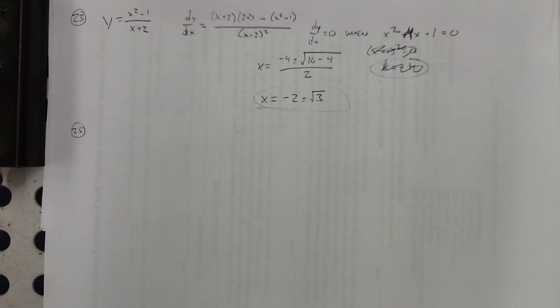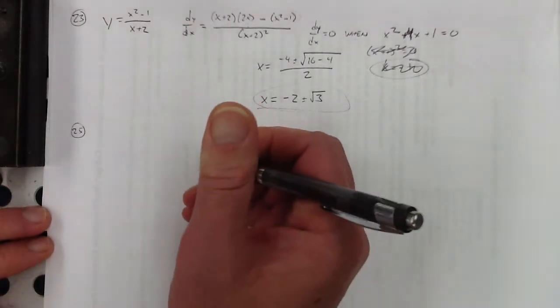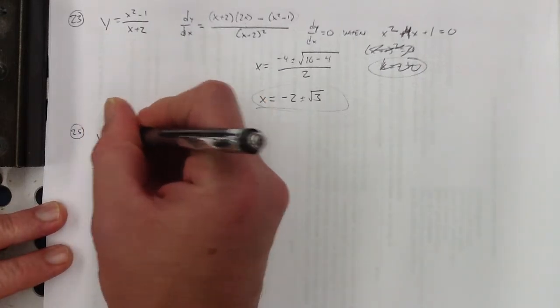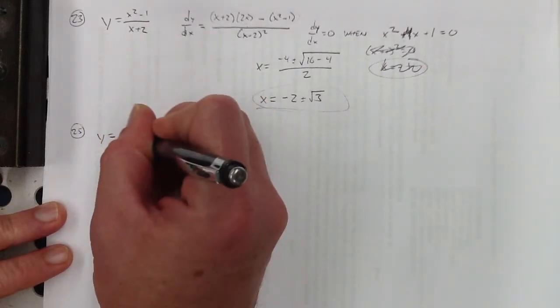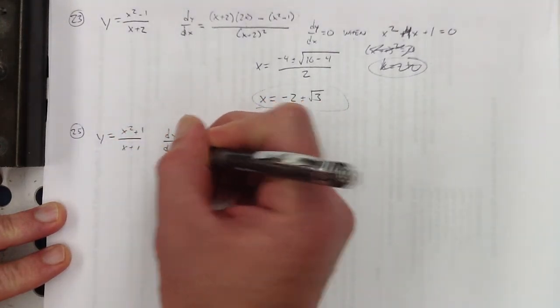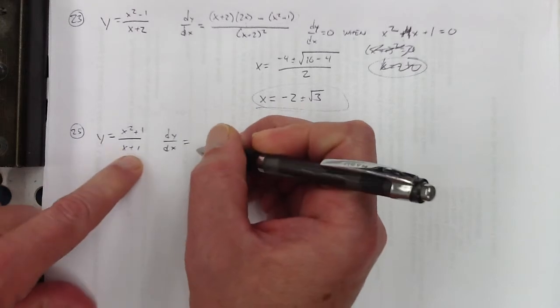The tangent line is parallel to the line y equals x when, oh, instead of reading to you the book, I was reading the wrong thing there, sorry. 25, we have this. Before I even read the rest of it, I'm going to throw down the derivative.